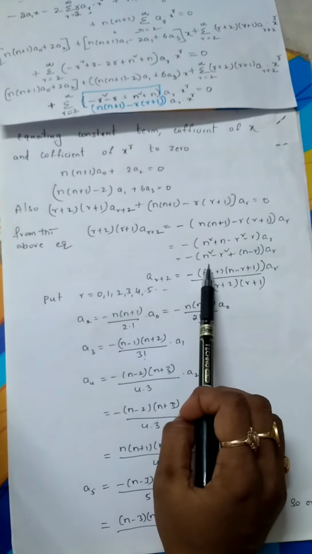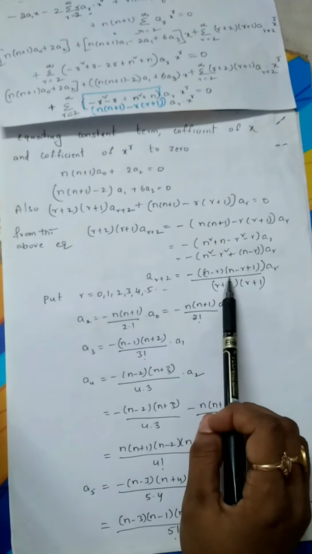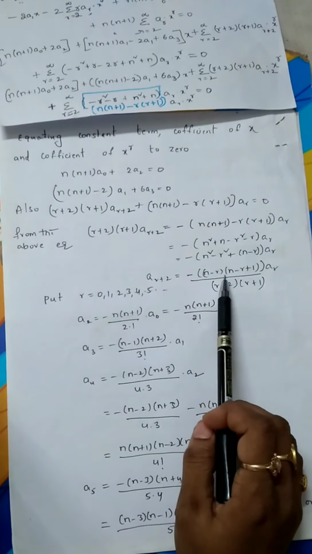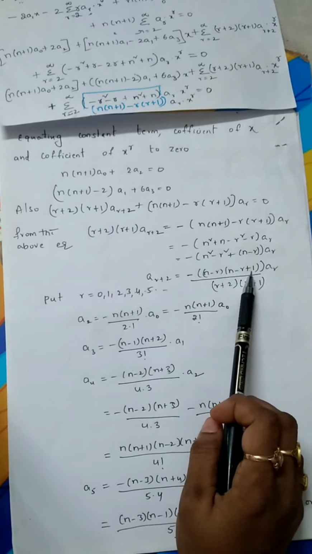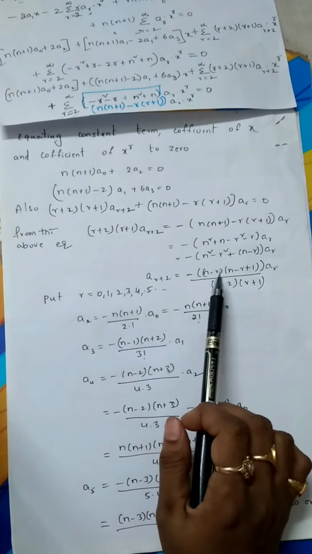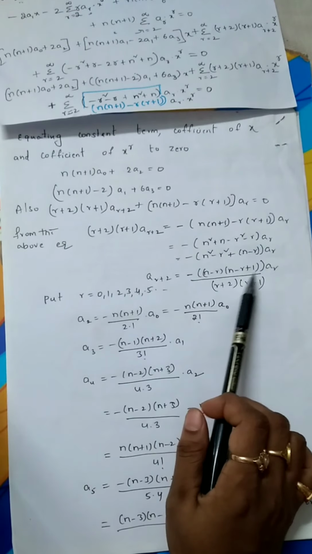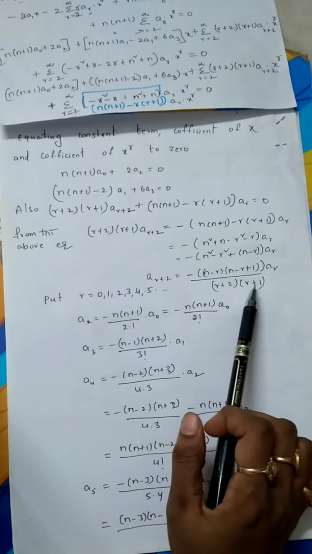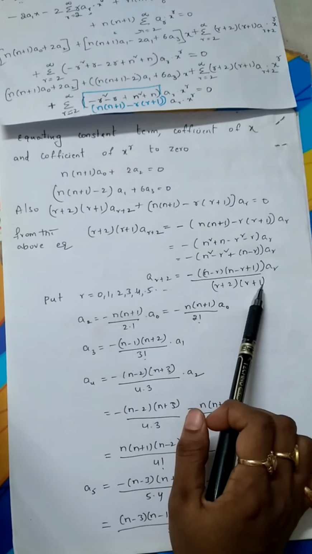Now taking common (n minus r), this becomes (n-r)(n+r+1), and finally a_(r+2) = -(n-r)(n+r+1)a_r / ((r+2)(r+1)).